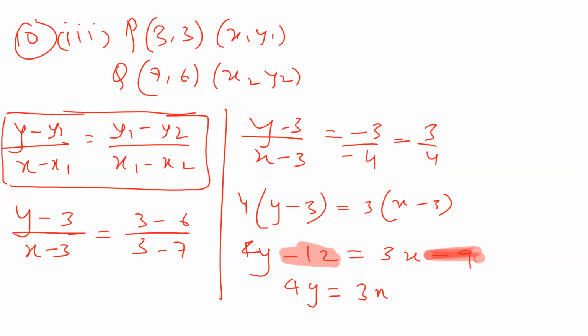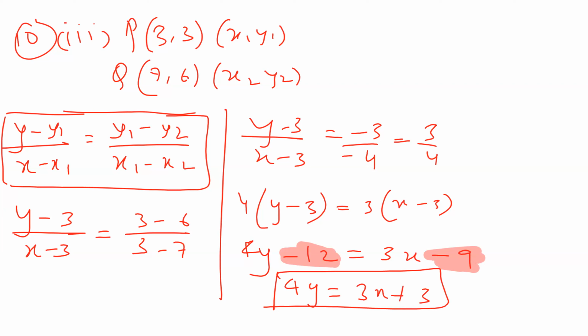This will be plus 12 on the other side, minus 9, which is plus 3. 4y is equal to 3x plus 3. This is the equation of the line.